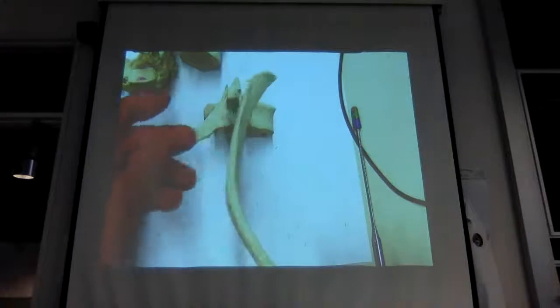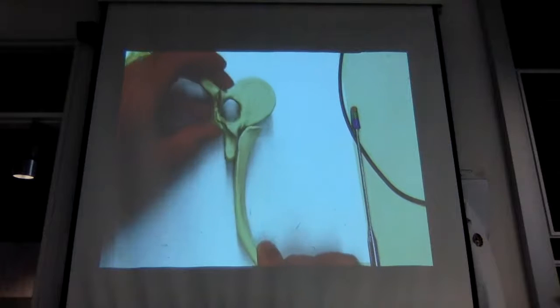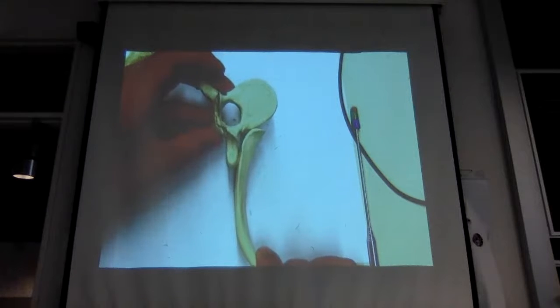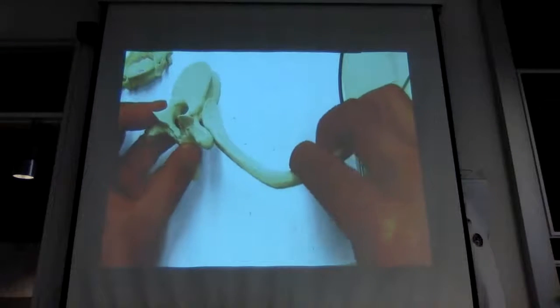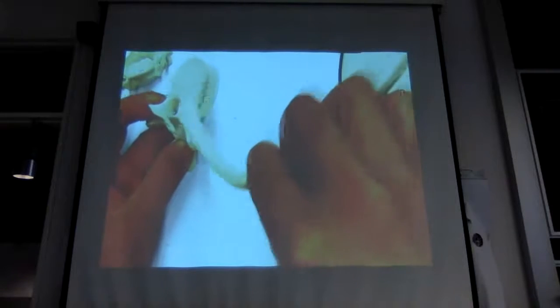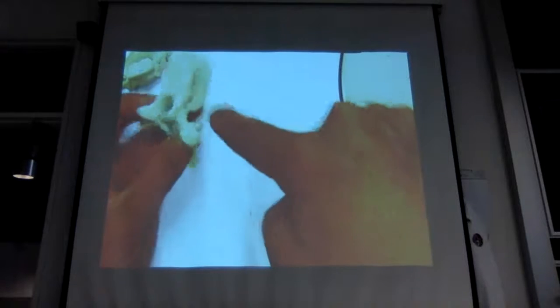Ribs. See the rib? This is a rib. I just took a random one, so I don't know if it's gonna fit perfectly, but it fits in like that. So thoracic vertebrae are also for ribs. There's an articulation point between this part of the body, called the demifacet, and then this transverse process.